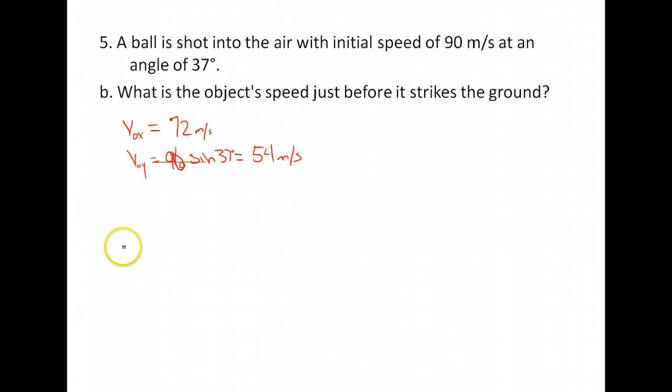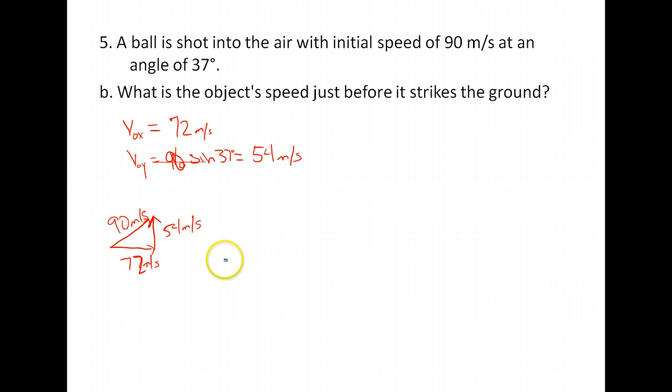Okay, and that is what it would be here. So we know that this is 72 meters per second, and then this is 54 meters per second, and I didn't draw it to scale here. And then this being 90 meters per second. Okay, and then we could come back and know that using Pythagorean's theorem that 54 squared plus 72 squared, take the square root of those two things, gives us 90 meters per second.